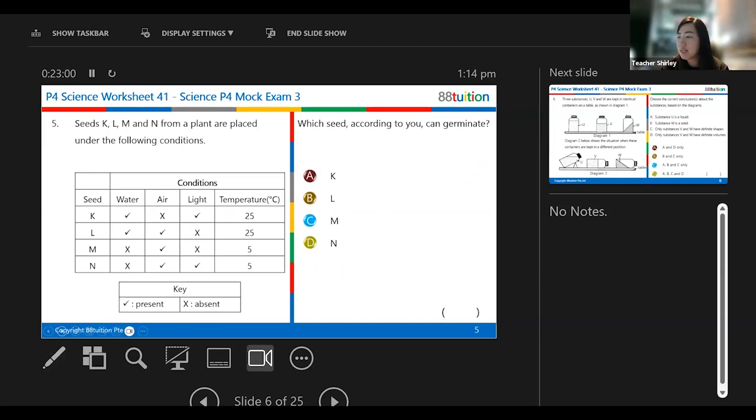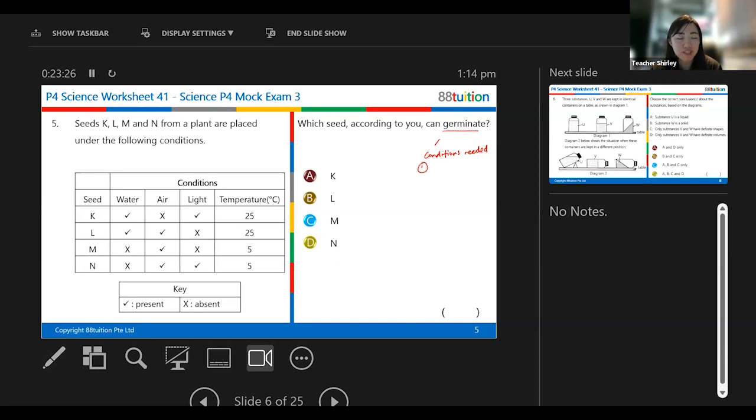Okay, next one. Seeds K, L, M, and N from a plant are placed under the following conditions. Which seed, according to you, can germinate? Okay, remember when we talk about germination, what are the conditions needed? Number one, anyone?